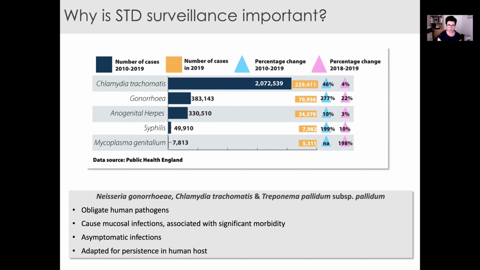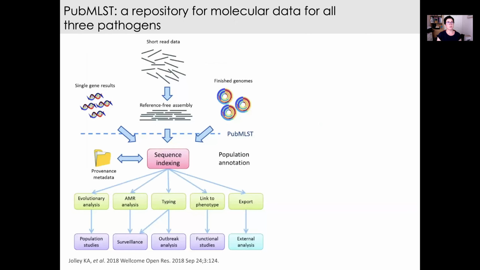So there are lots of platforms for undertaking surveillance of lots of different bacterial species. But this afternoon we're focusing on PubMLST. PubMLST is an online resource which allows molecular data for all of these three pathogens that we're talking about this afternoon to be deposited.